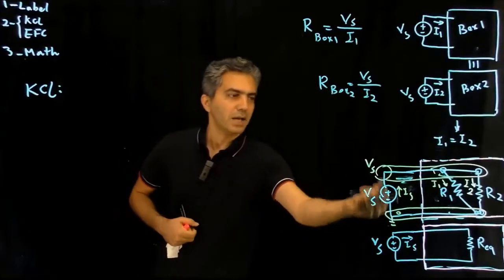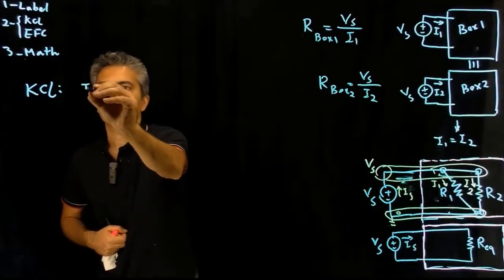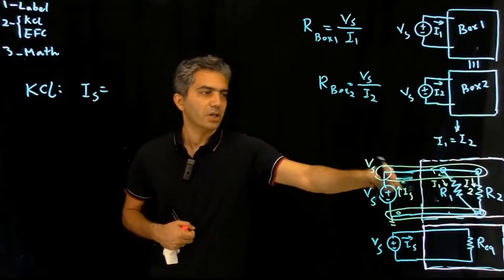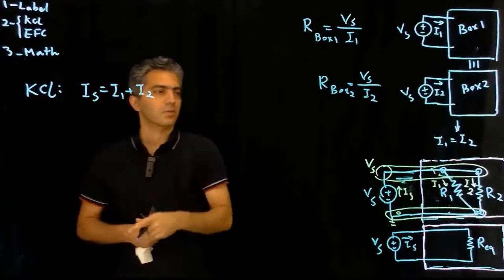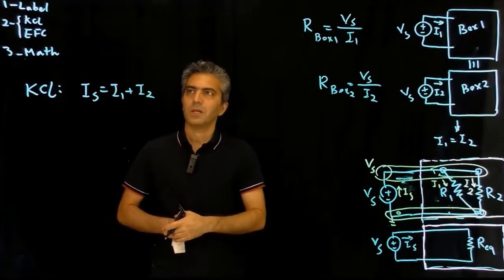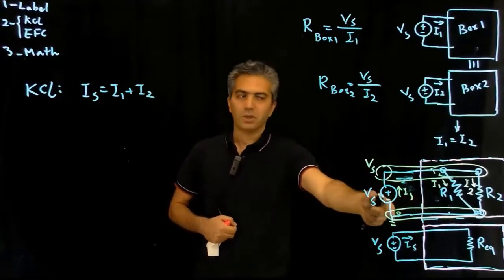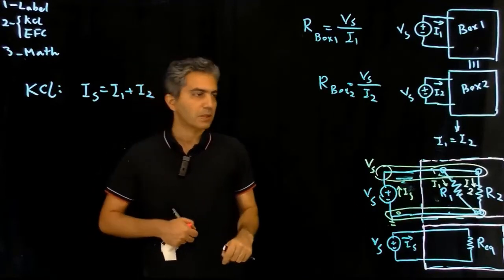So Is goes into that node, and I1 and I2 are leaving that node. I'm going to add them up, so Is has to be equal to I1 plus I2. I can write the KCL for the other node, but it would end up being the same, so I'm going to skip that.